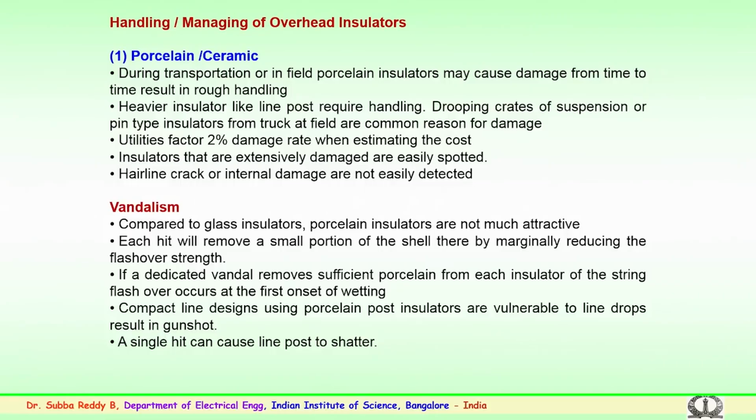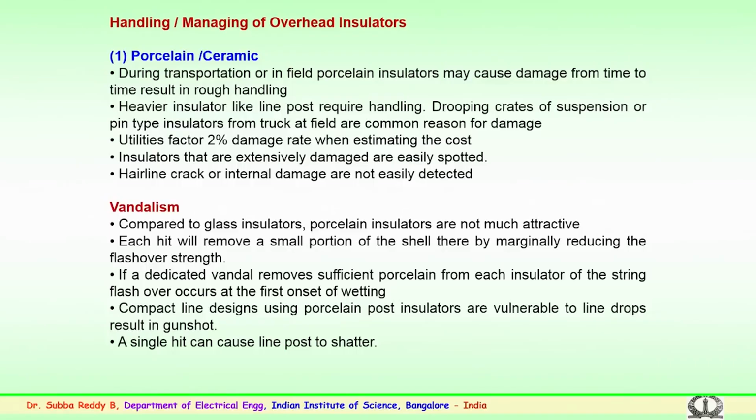Further, after the manufacturing of the insulators, be it ceramic, porcelain, glass or composite insulators, handling of these is a very important task. Handling or managing of these overhead insulators, from the factory dispatch to the utility or the required place, and how they are handled for stringing, matters.